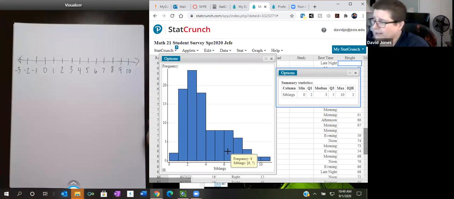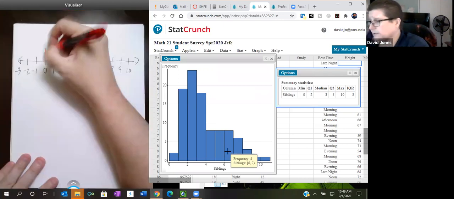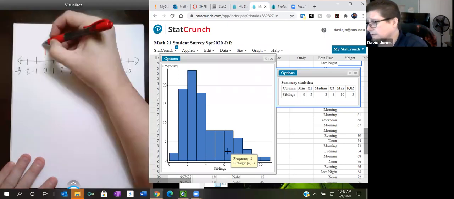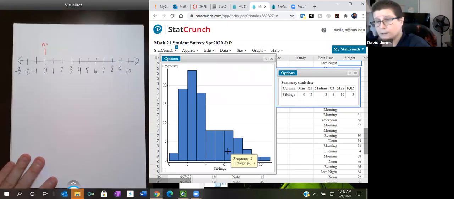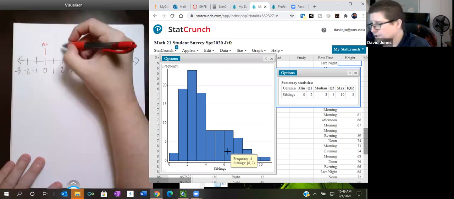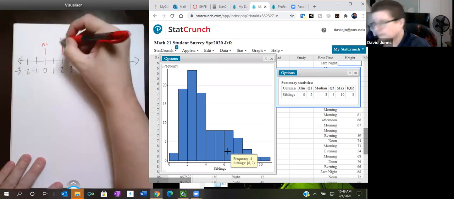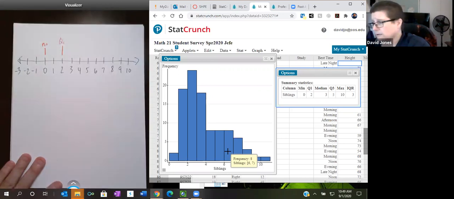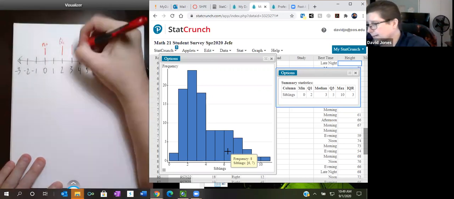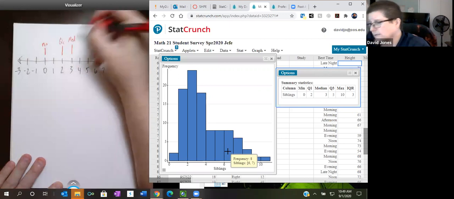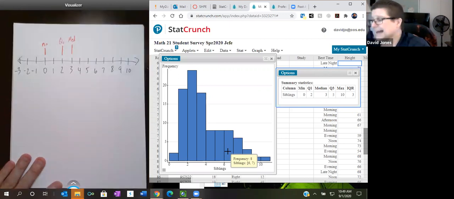So my minimum value was here at, or at 0, sorry, not Q1. Q1 was at 2. Our median is at 3.